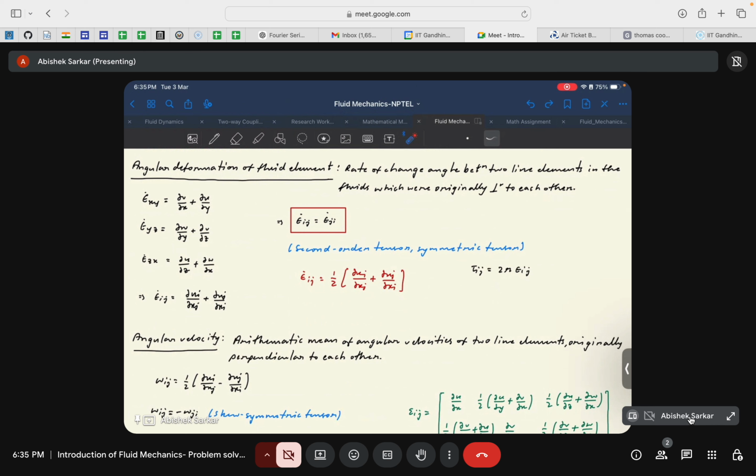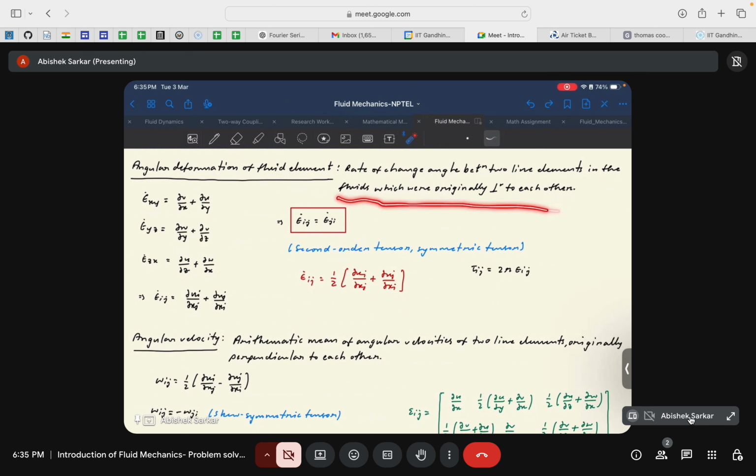I will discuss the final form, but for the sake of brevity of this session, I will not go through the entire detailed derivation. It is very beautifully derived in the lecture by Professor Chakraborty, and in many standard textbooks. Basically, it's the rate of change of the angle between two line elements which were initially perpendicular to each other.